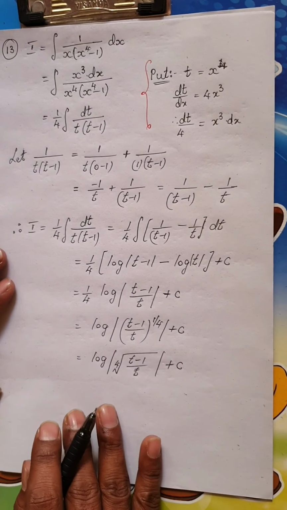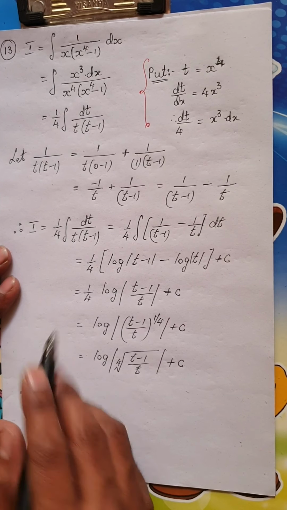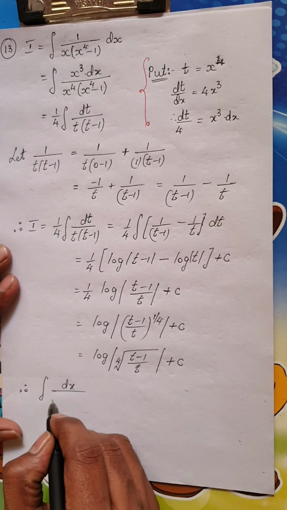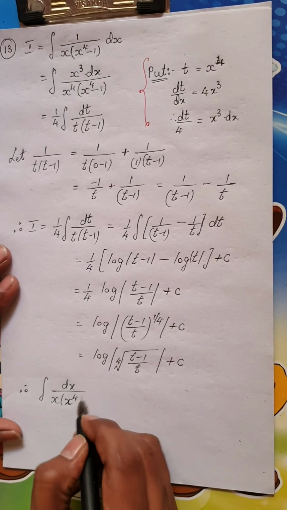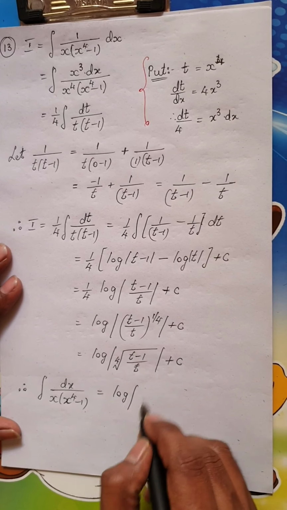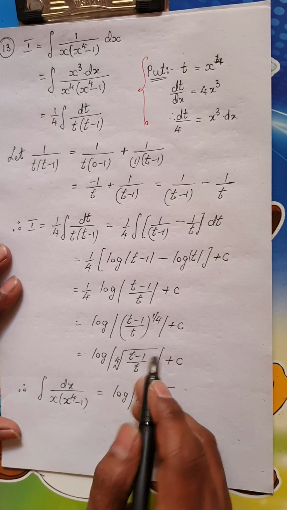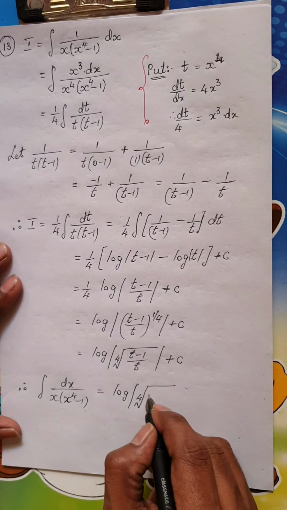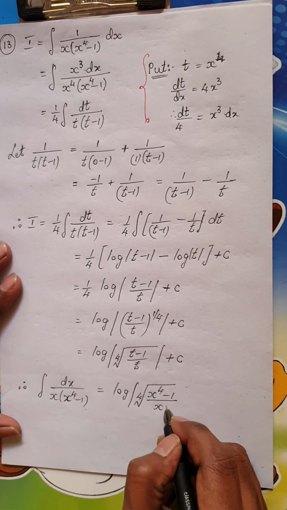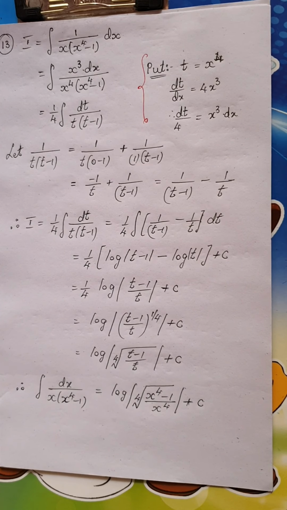So we are going to write the final result as, therefore, remember what is my original integral, it is dx divided by x into x power 4 minus 1 is nothing but log of mod 4th root of, replace back for t, x power 4 minus 1 whole divided by x power 4 plus c, which is the constant of integration.